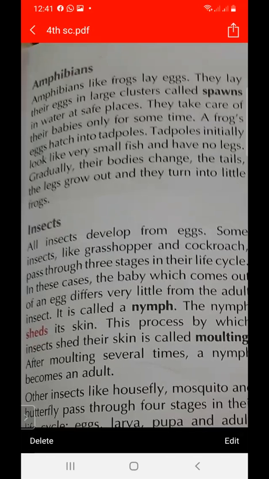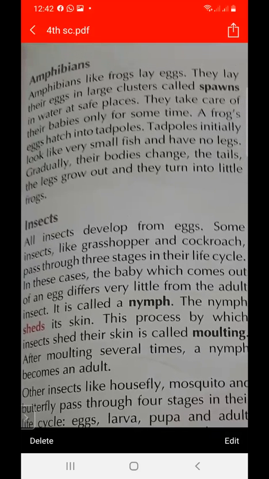First, when the frog egg hatches, it will convert into a tadpole. The tadpole looks like a small fish, and it doesn't have legs. After some time, its body changes, its tail and legs grow, and it will change into the little frog. So this is the amphibian.